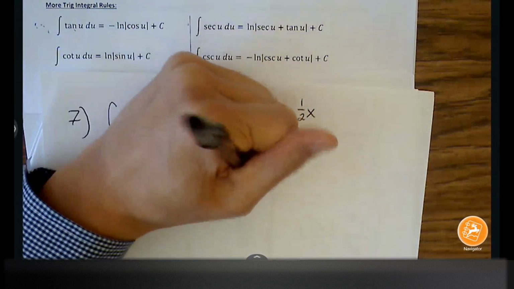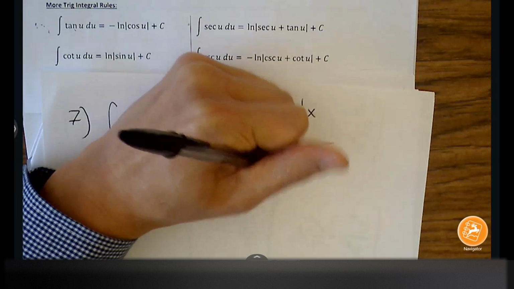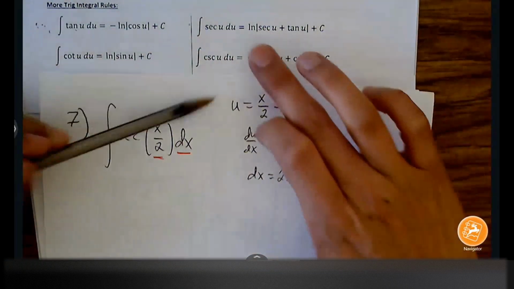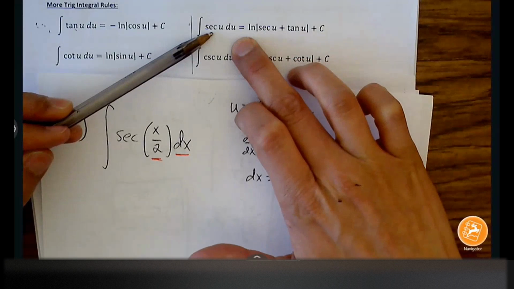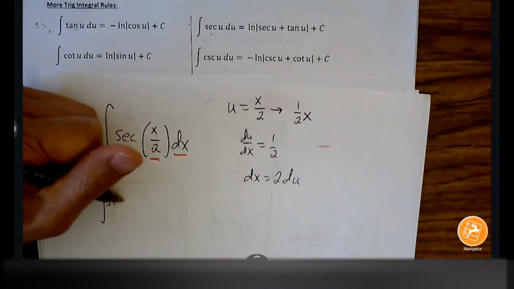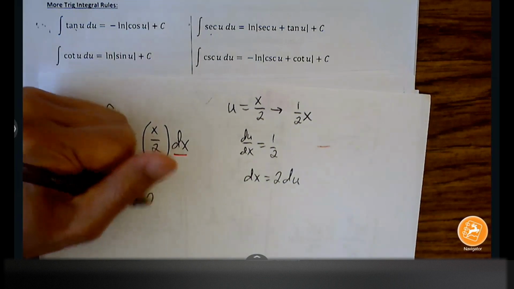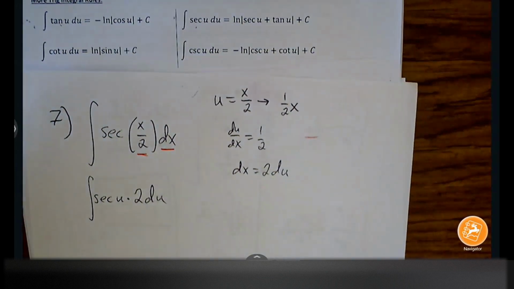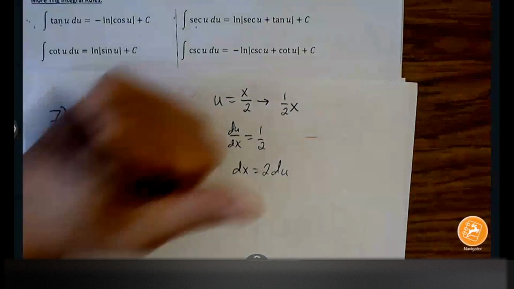Cross multiply. We substitute. And we can apply our rule here. Okay, push the 2 out in front.